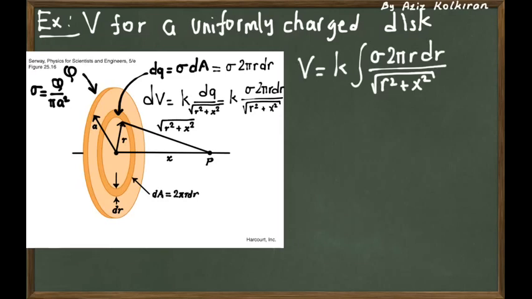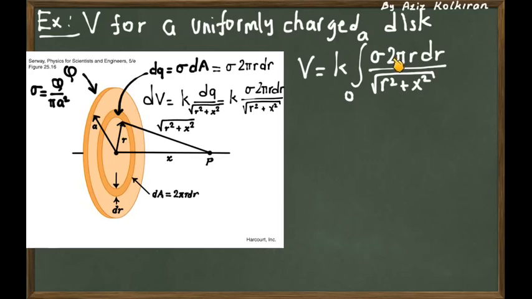So let's write this down, and here r is the radius of these rings, and these are changing from 0 to the total radius of the disk.